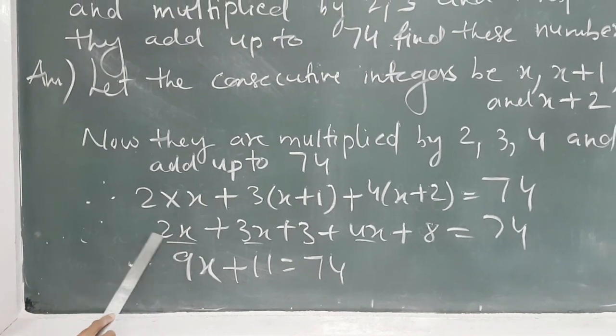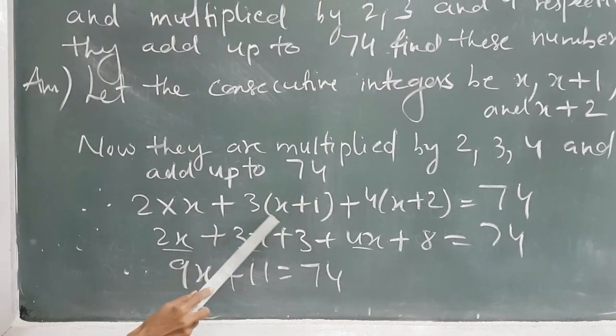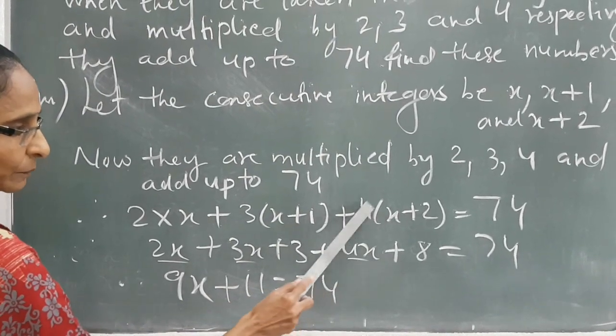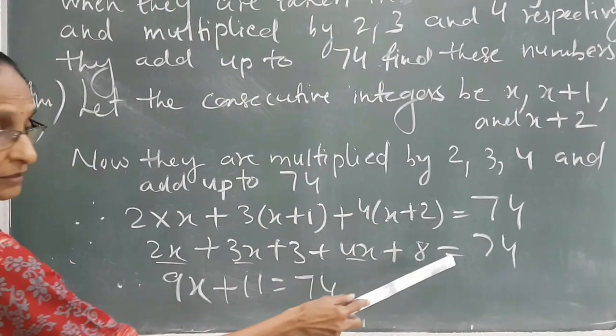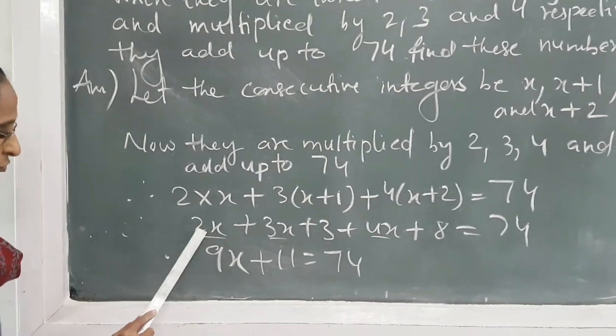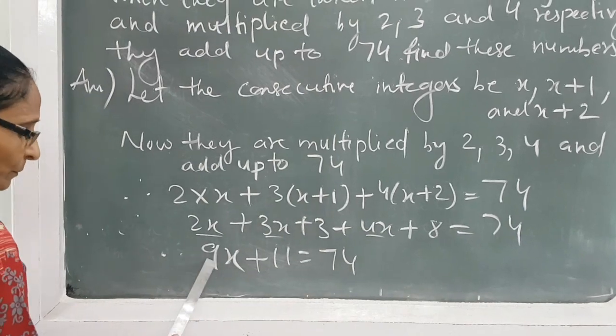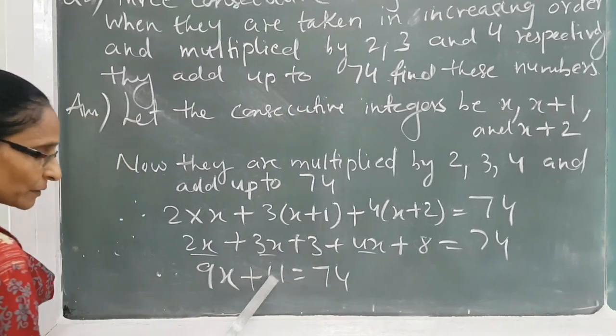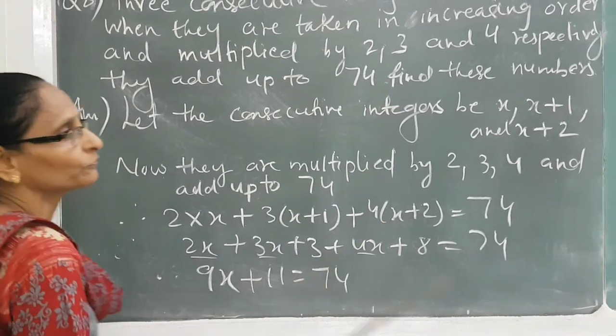Therefore 2x plus, now I have opened the bracket, 3x plus 3 plus 4x plus 8, 4 twos are 8, is equal to 74. Now add the like terms: 2x, 3x and 4x will be 9x, plus 3 and 8, that will be 11, is equal to 74.